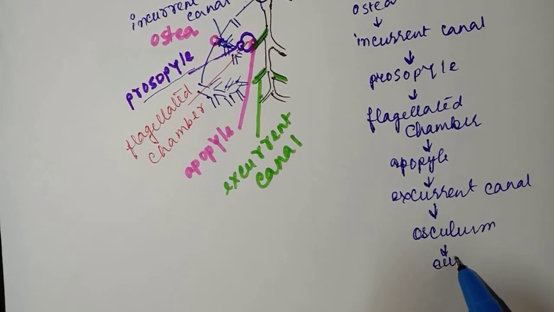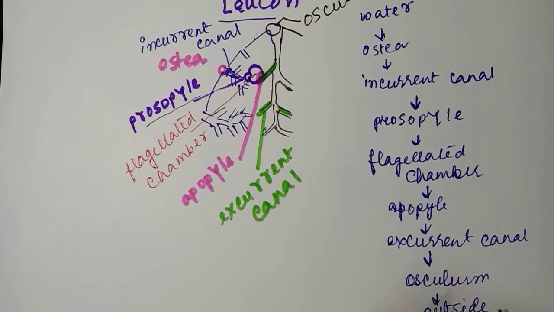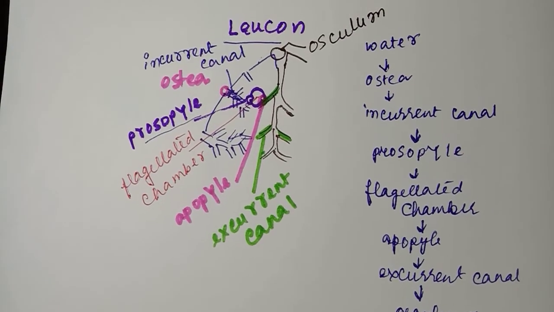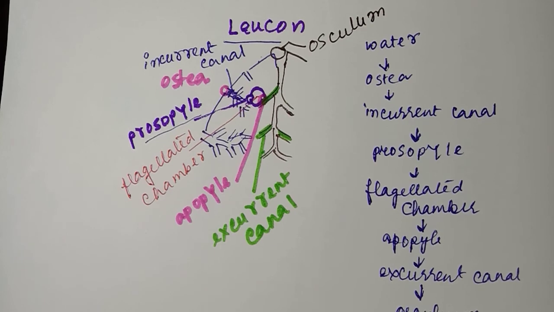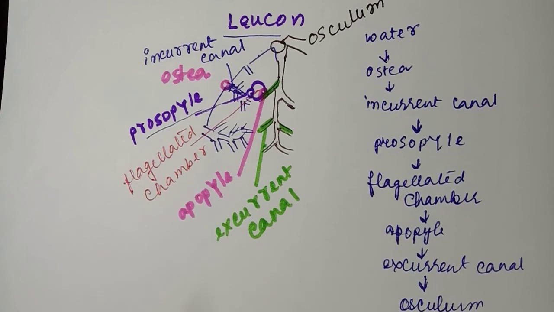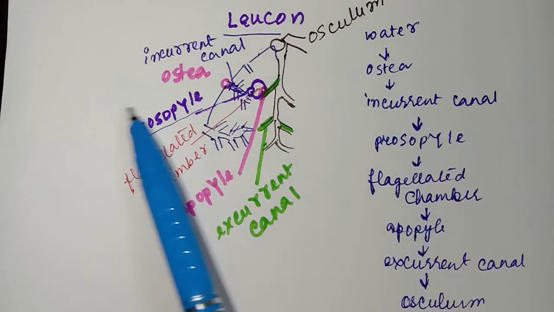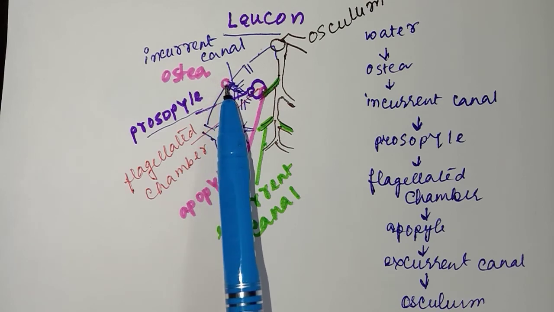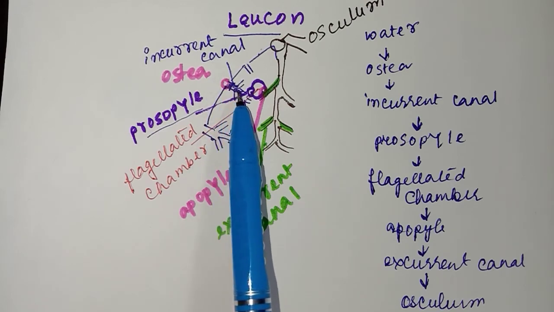So this way we complete actually all the types of canal system. First was the Ascon, second type is Sycon, and third type is Leucon type of canal system. So how does the Leucon type of canal system work? First of all, the water via these ostia will enter into the incurrent canal.